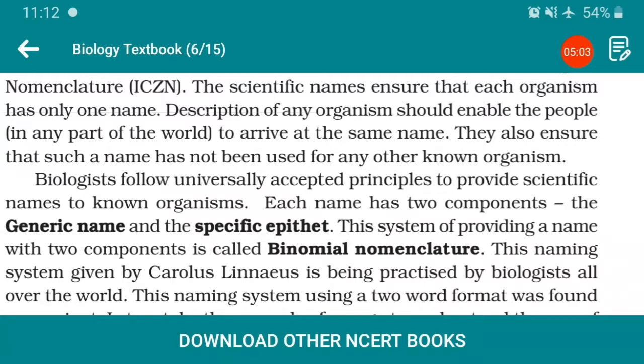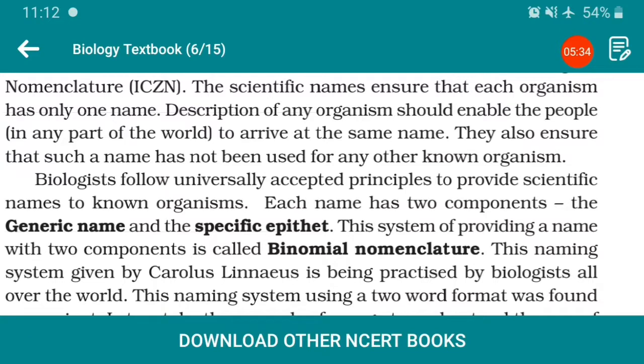Biologists have also universally accepted principles to provide scientific names to known organisms. Each name has two components, one which is the generic name and one which is the specific epithet. The system of providing a name with two components is known as binomial nomenclature. If one component is there, it is monomial nomenclature. If two components are there, it is binomial.